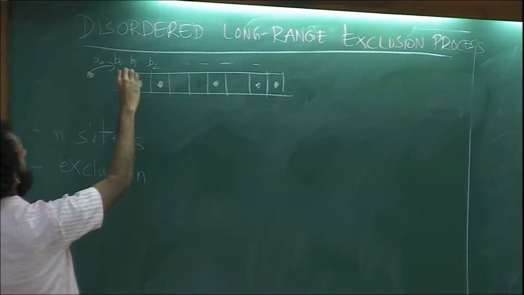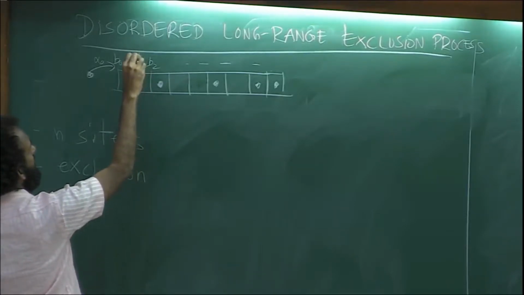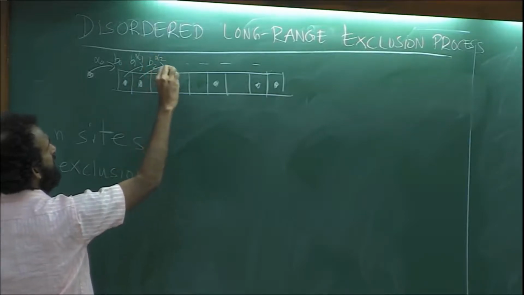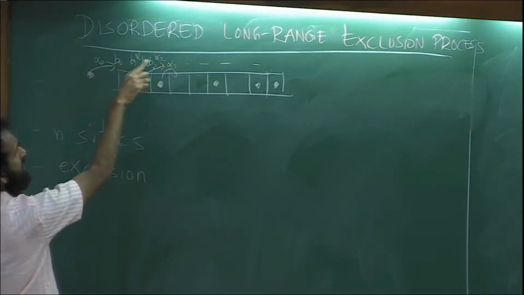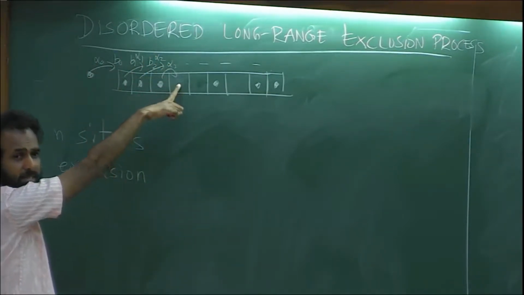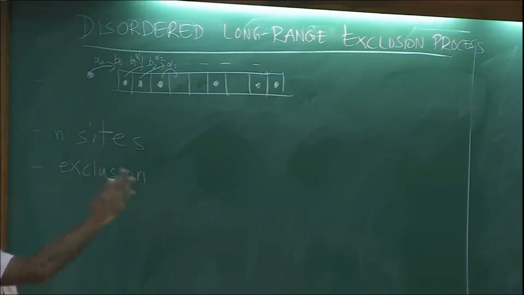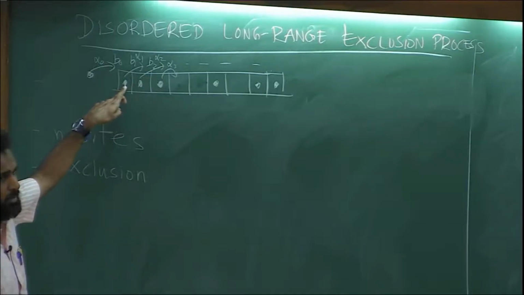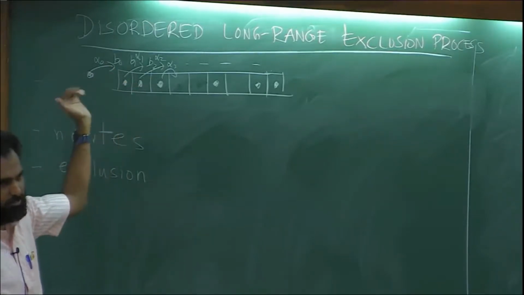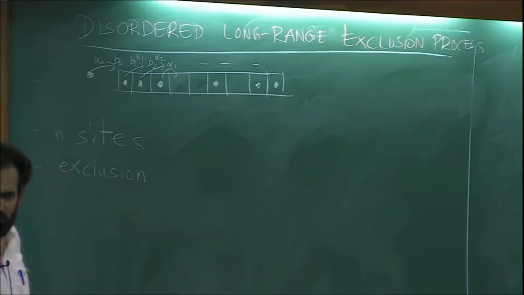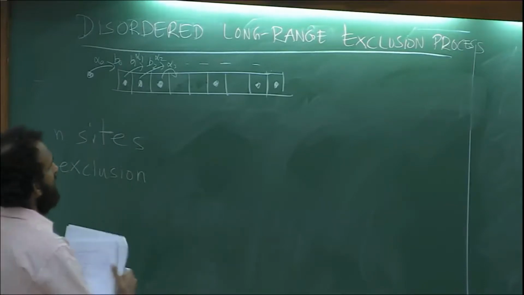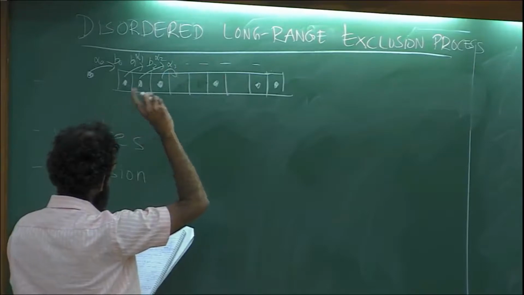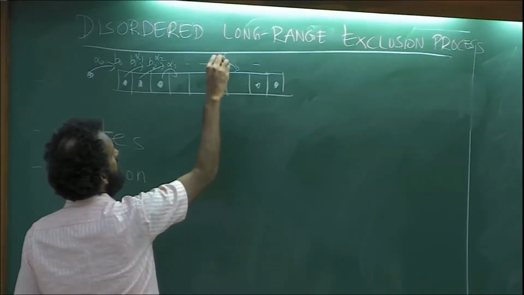This particle will hop with rate alpha 1, this one with rate alpha 2, this one with rate alpha 3. All of these will hit the same target site. When a particle tries to hop, it will look at the first available site to its right and go and sit over there. Maybe this is alpha 6.